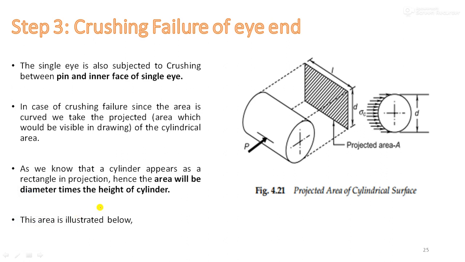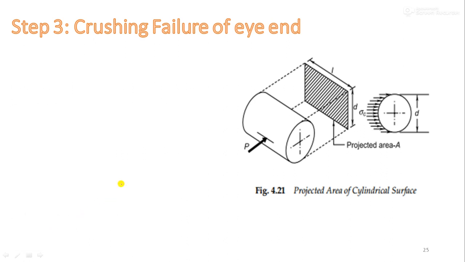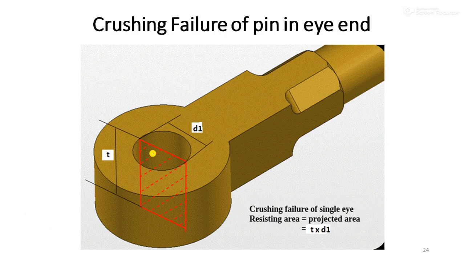Now here it will be more clear. What is this total height? This total height is T. And what is this total length? It is D1, the diameter of the pin. What I mean to say is that the pin is inserted inside this eye.